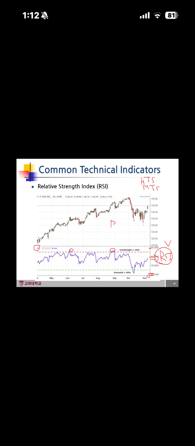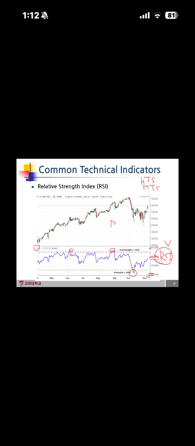And when the relative strength index falls below the value of 30, the market may be considered oversold, suggesting you buy the stock. By observing these signals, technical analysts try to identify moments when price momentum may be weakening or reversing.